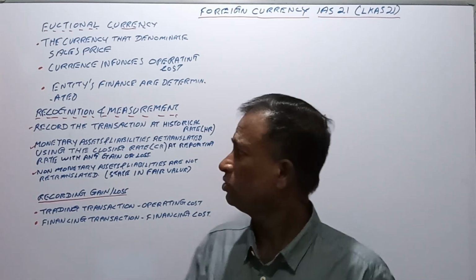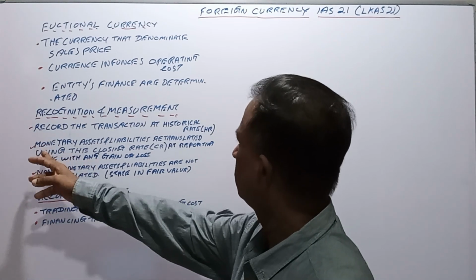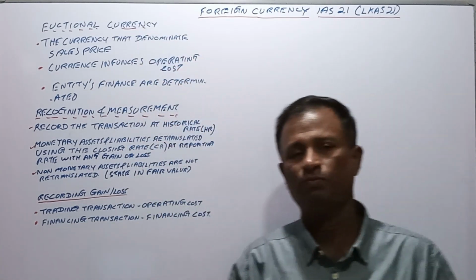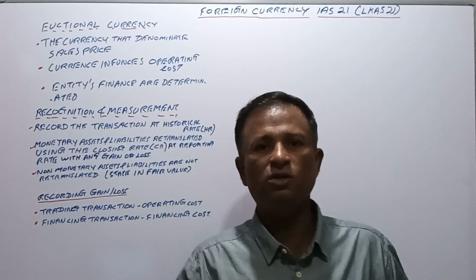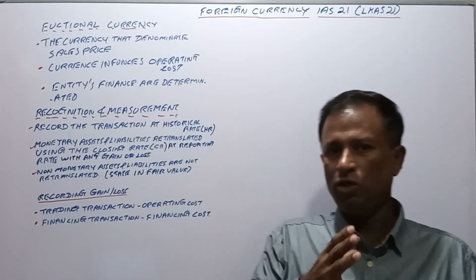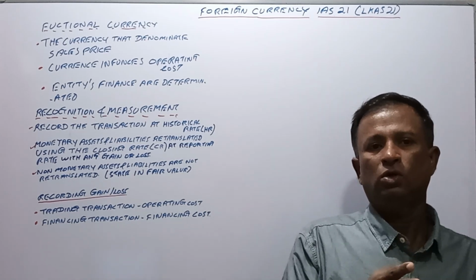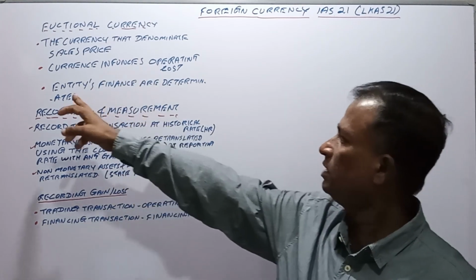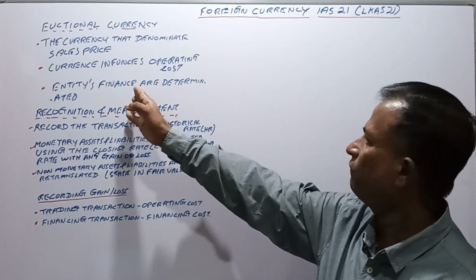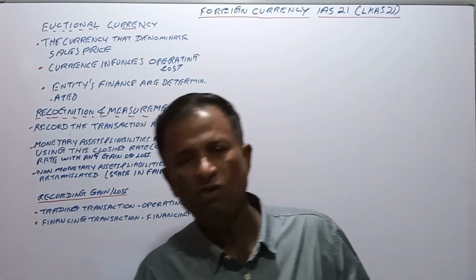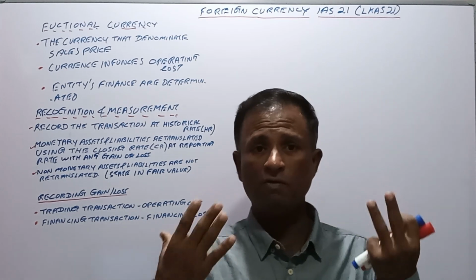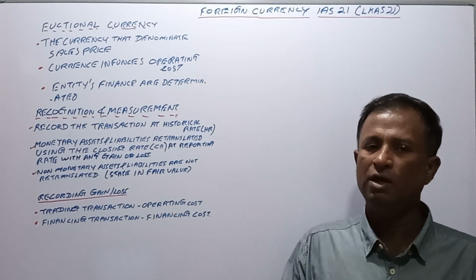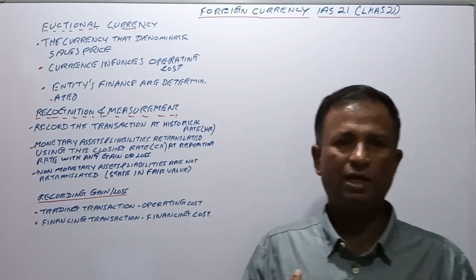And the currency that influences operational cost, the currency we use to cover our operational cost. And the currency in which entity finance is determined, in which currency we finance our businesses. Through that we can identify our operational currency.